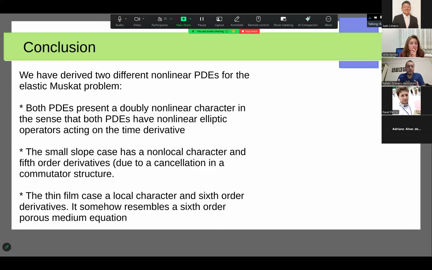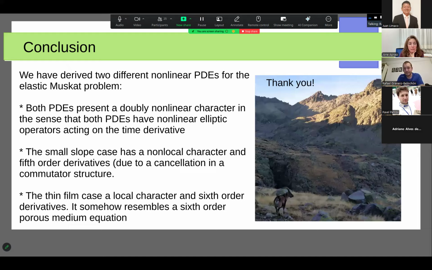So in that sense there is a common similarity: although the orders are different, the order in spirit of the equation is the same. And that's all. Thank you.